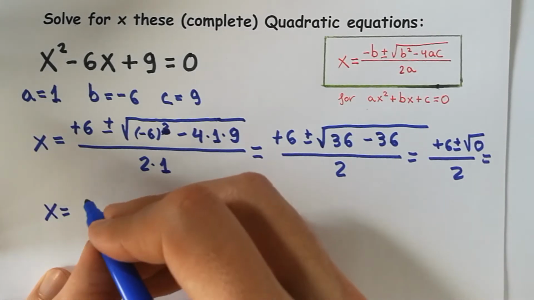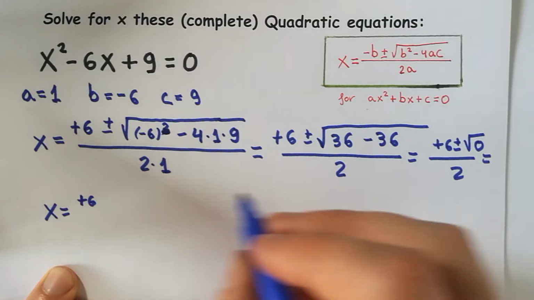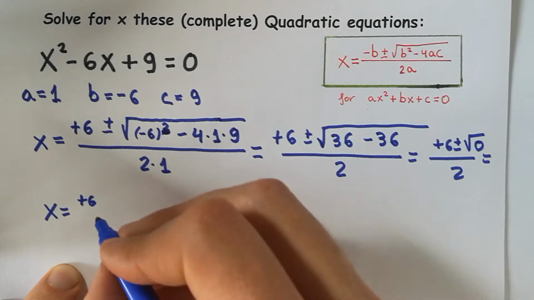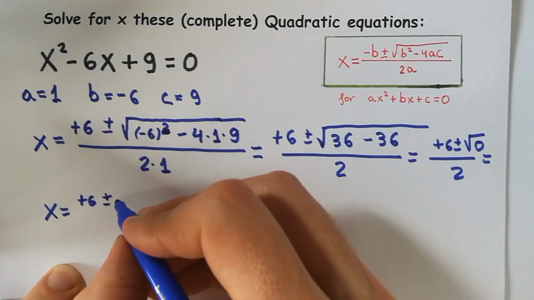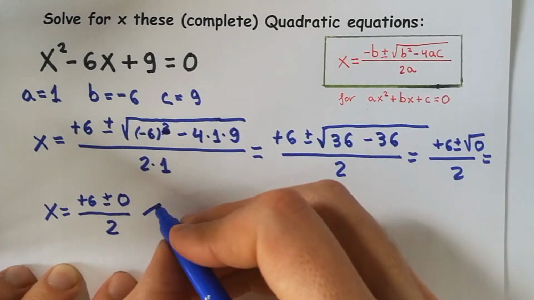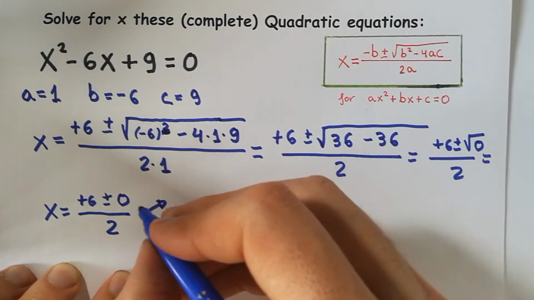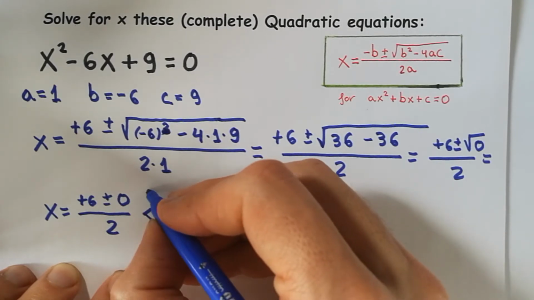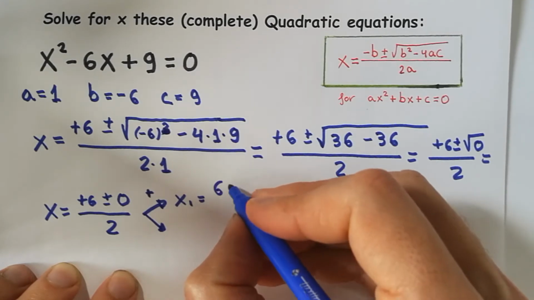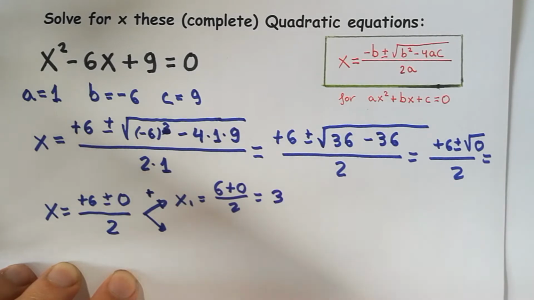X equals. It's very important here that you remember that the number that multiplied by itself gives 0 is 0. So we can do the root. And the curious thing about the results is that if we use the plus sign, we get the first result, 6 plus 0 over 2, that is 3, positive 3.